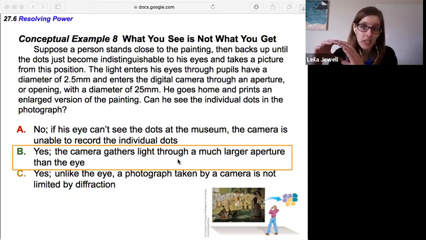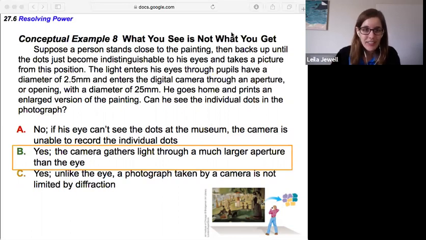Since the angle is inversely proportional to the opening, if you have a larger opening, you don't need as large an angle to be able to resolve the differences. And so if the person can just barely not resolve it and the camera has a diameter that's 10 times bigger, the camera definitely will be able to resolve those dots, which is pretty nifty.